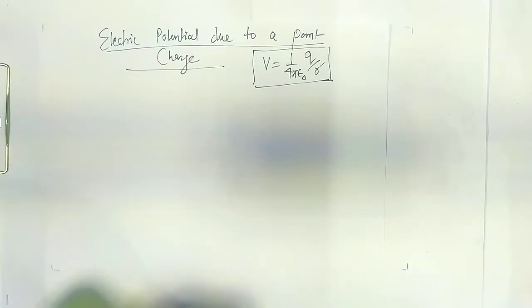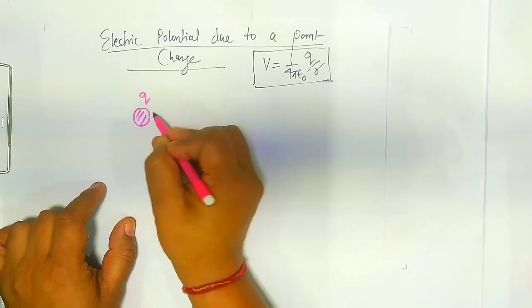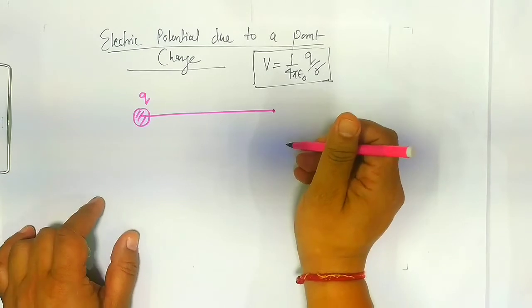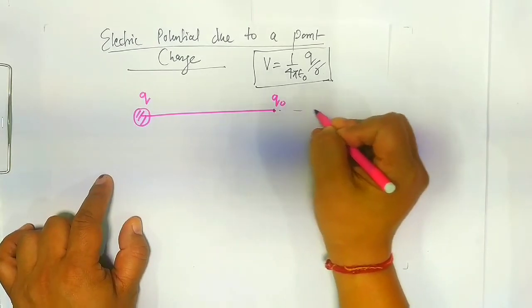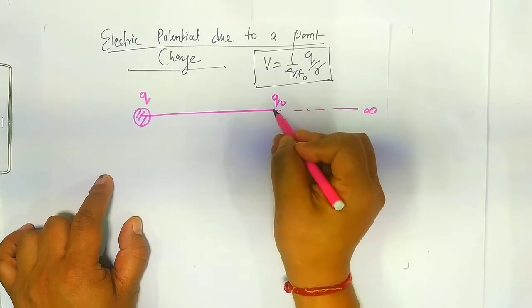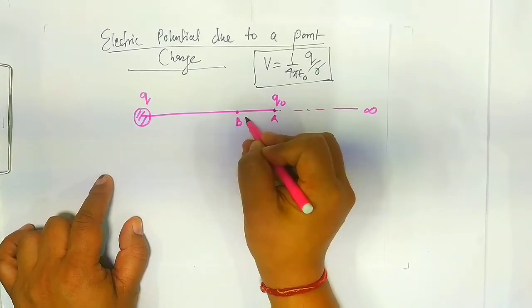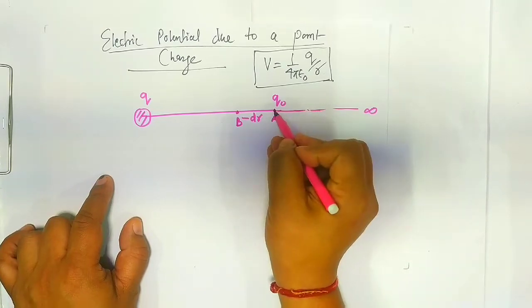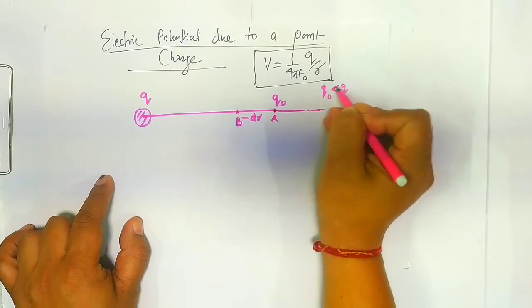Say there is a charge Q, and there is another charge Q naught, and we are bringing this charge from infinity, and right now this charge is at A point. After some time it will be at B point, and this is the dr distance. Okay, and this is the charge, and Q naught is less than Q.